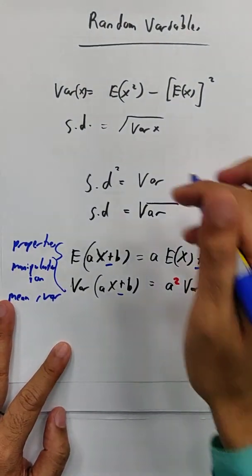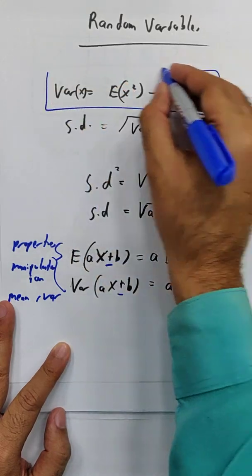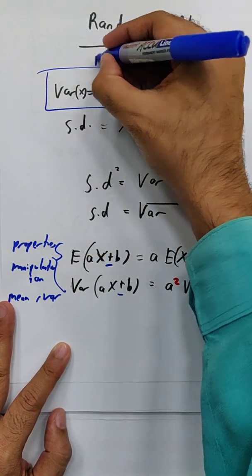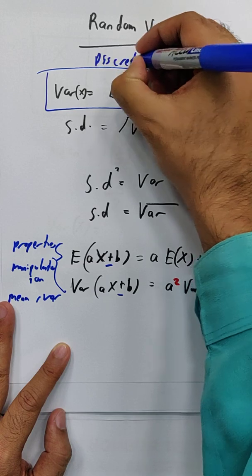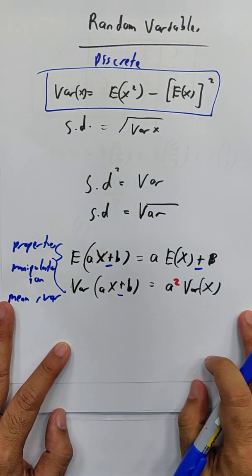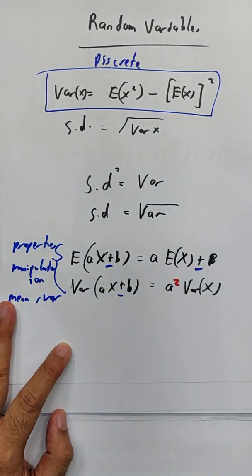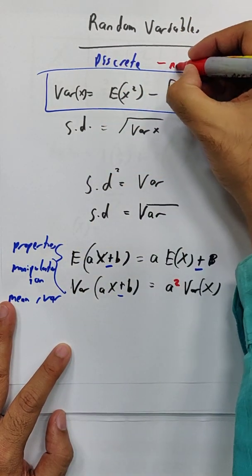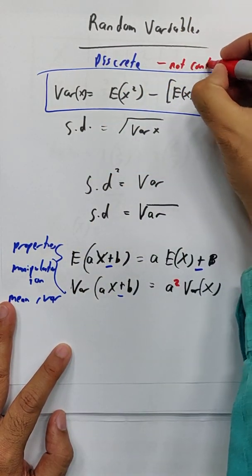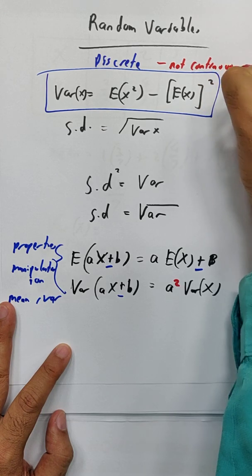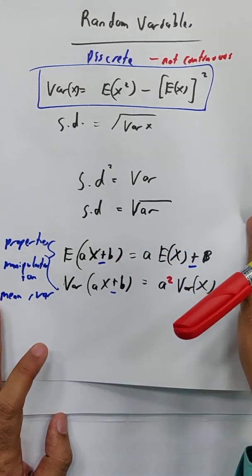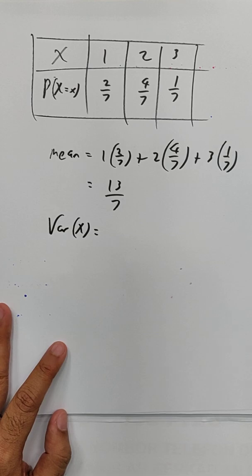This thing here is for discrete. Do you remember this topic? I told you there are two things, continuous and discrete. So this is for discrete. Let me put another thing, not continuous. For this topic, if you choose the wrong one, then you are so dead.